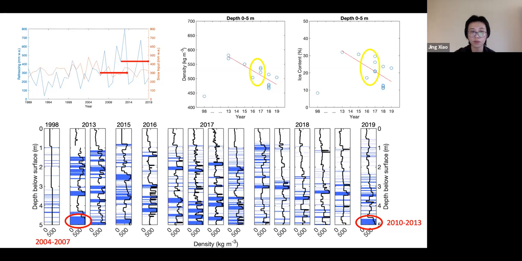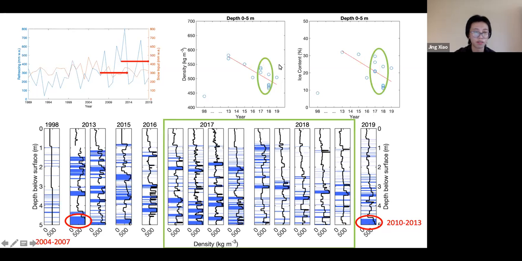The 2017 cores, for example, have high average density and ice content compared with the 2016 core, which can be explained by the high melt event in the summer of 2016. Also, while the 2013 cores have quite similar numbers, the multiple cores from 2017 and 2018 present higher variability.